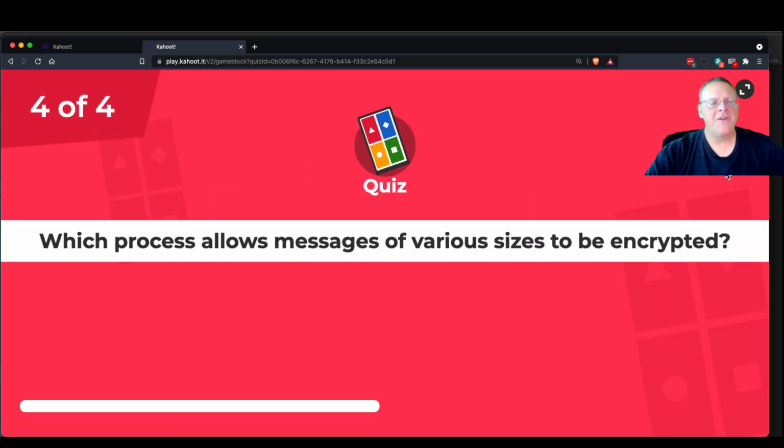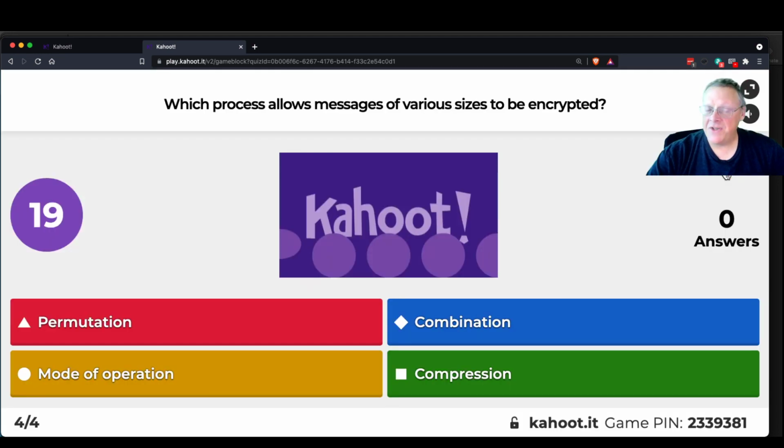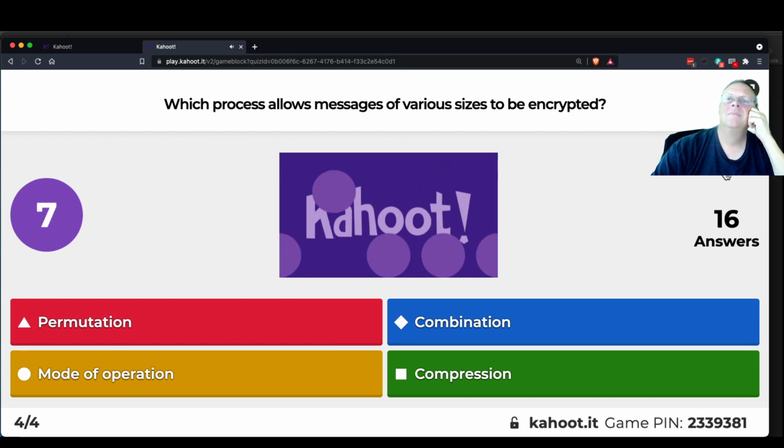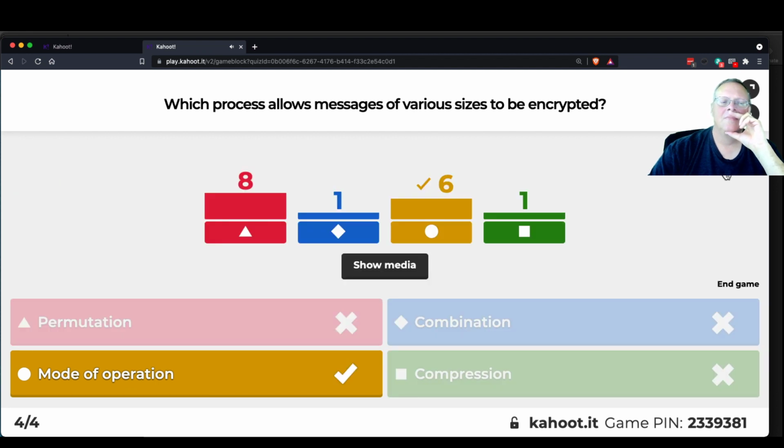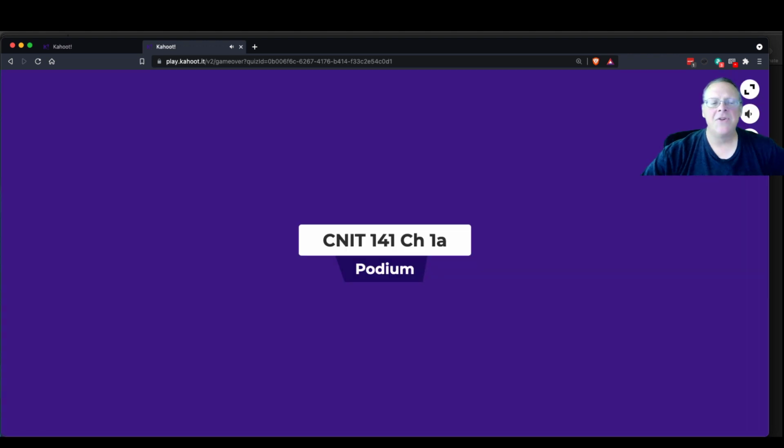And what process allows messages of various sizes to be encrypted? All right, that's called the mode of operation, how you extend it to handle arbitrary length messages.